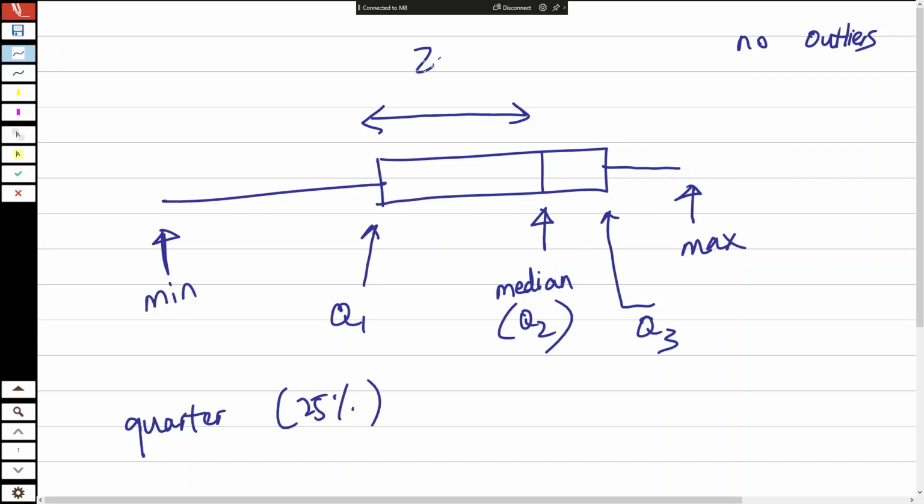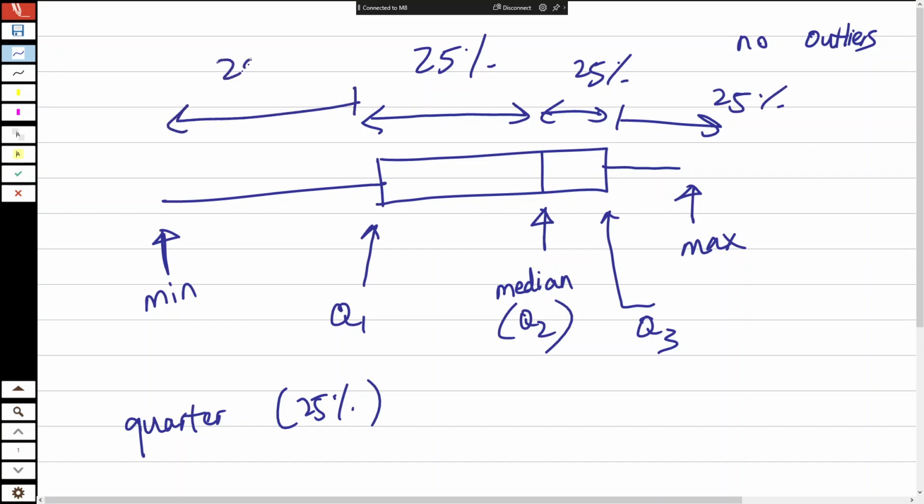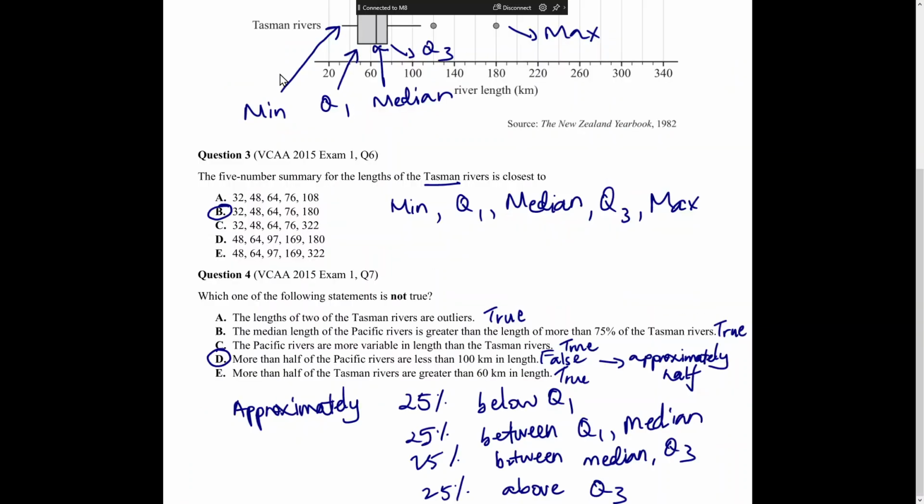Okay, so 25% between the first quartile and the median, 25% between the median and Q3, and 25% that way, and 25% that way. So if I give you this, now you should be able to answer question 4. Okay? So I've set that in the quiz solutions as well.